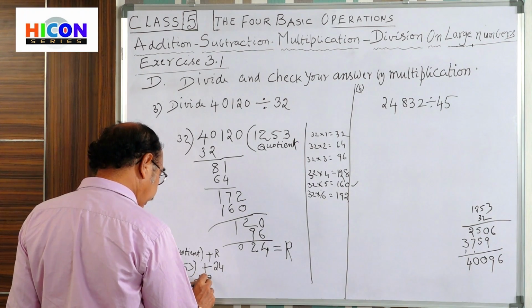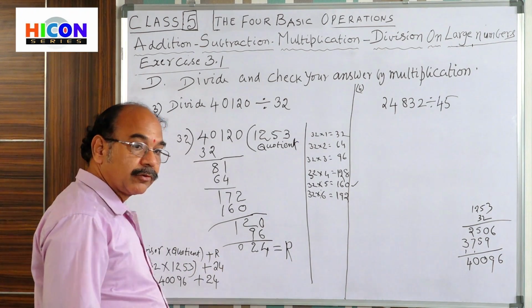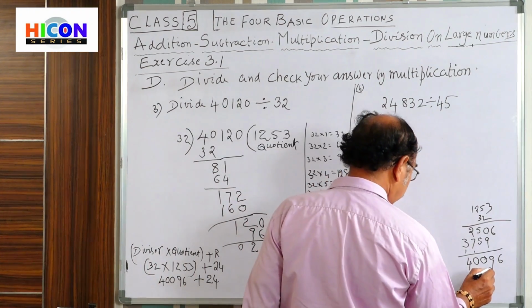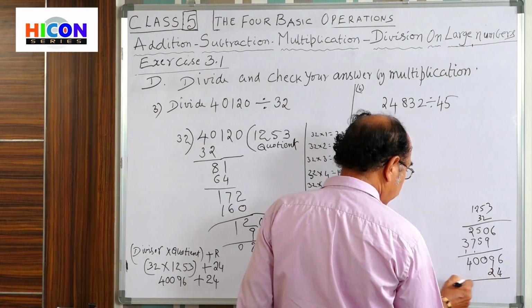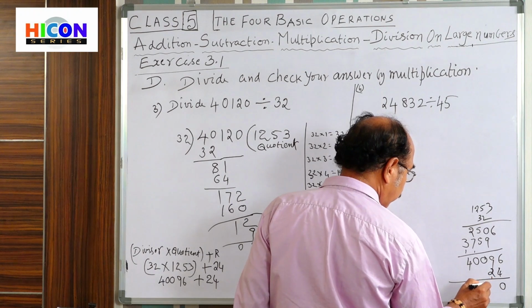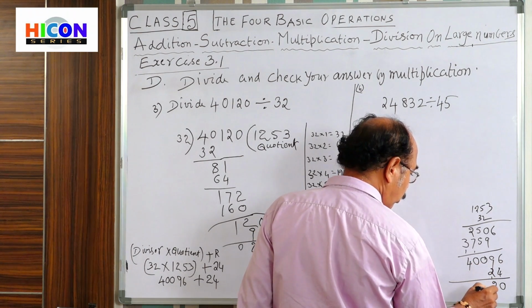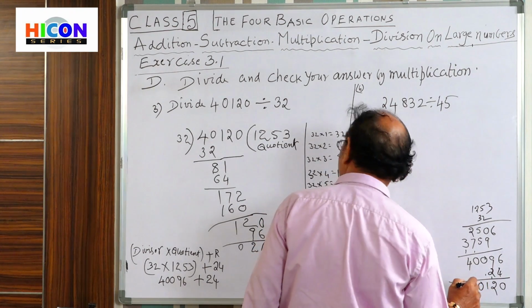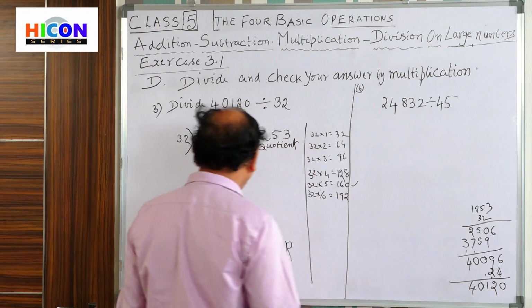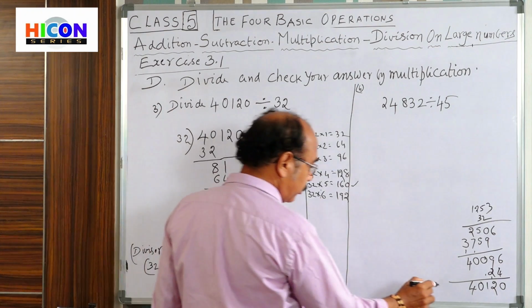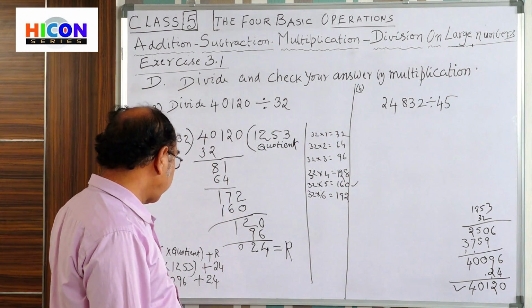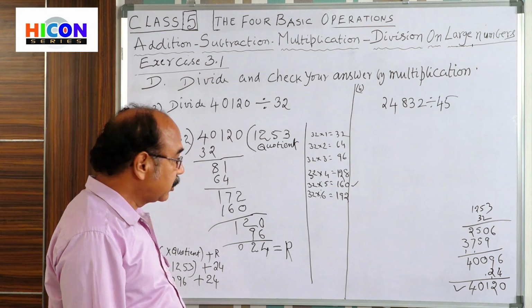To this we have to add 24. 6 plus 4, 10, 0, 1 carry. 9 plus 2, 11, 1 carry 1. We got it. 40120. That's why your answer is correct.